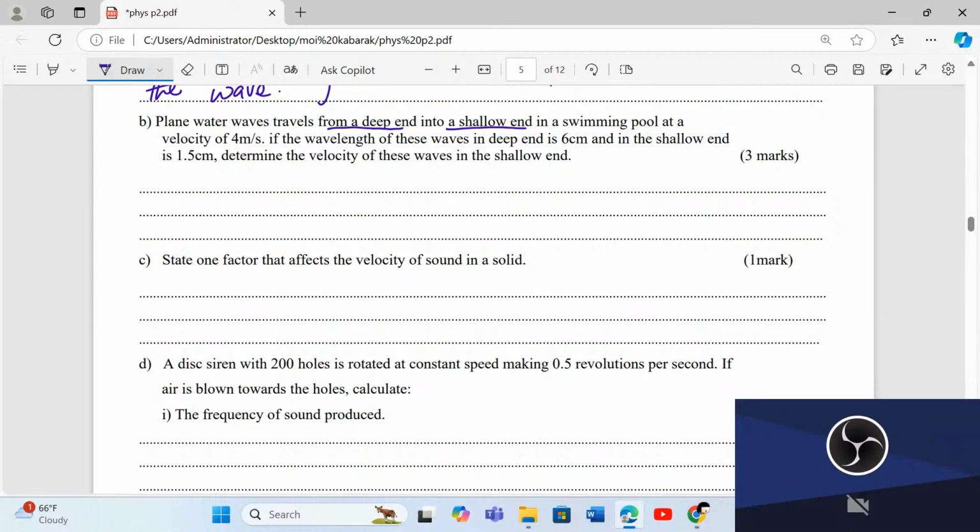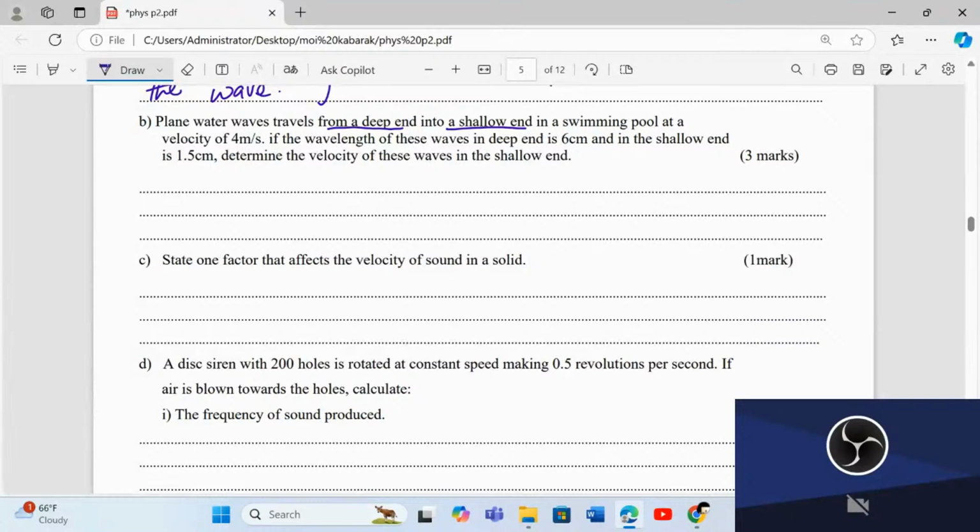Therefore, velocity varies, frequency remains constant, wavelength varies. From the deep end there will be higher velocity, to the shallow end a lower velocity. The same applies to wavelength: a larger wavelength in the deep end and a smaller wavelength in the shallow end.